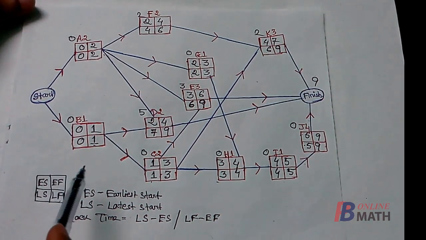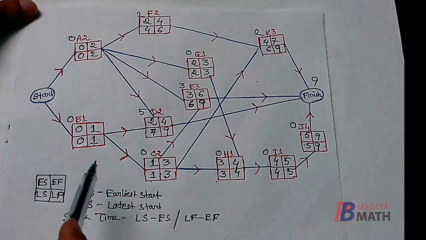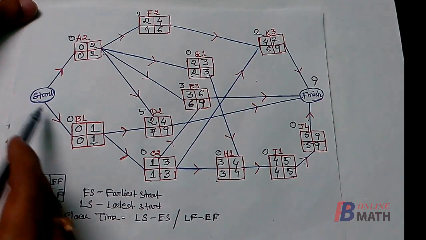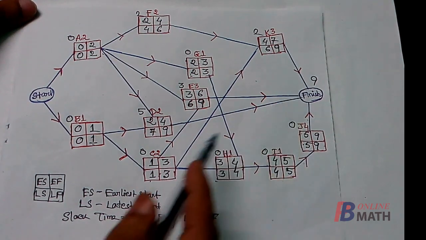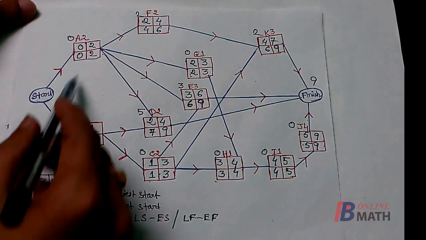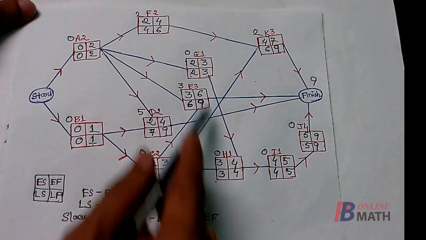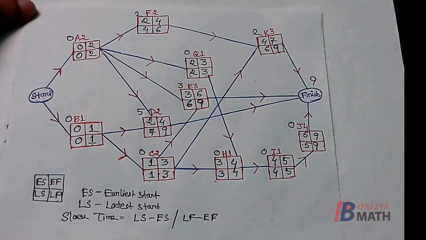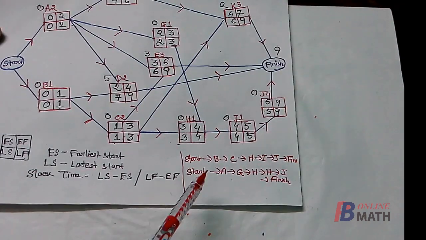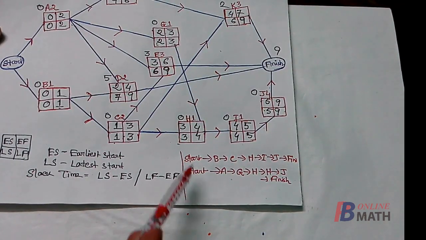Here we find that there are two paths where all the slack times are 0. One is from start to B to C to H to I to J to finish, and another one is from start to A to G to H to I to J to finish. So we write all the critical paths here. These are the two possible critical paths.